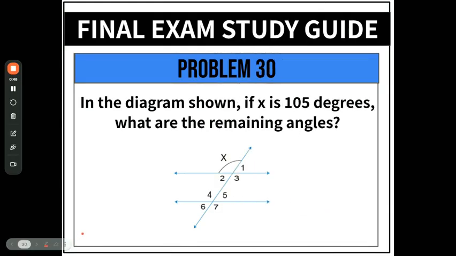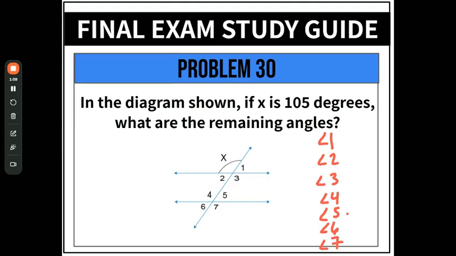Problem 30. In the diagram shown, if x is 105 degrees, what are the remaining angles? So let's make a list here for ourselves. And trust me, we're going to be able to determine what all these are just by them giving us this one angle, which is kind of cool if you ask me.